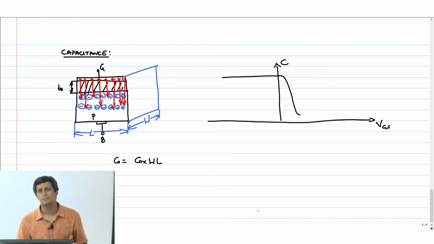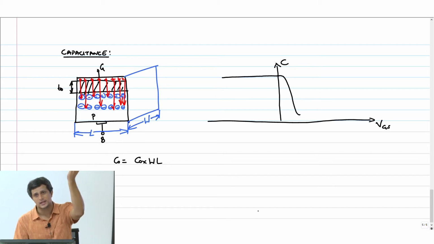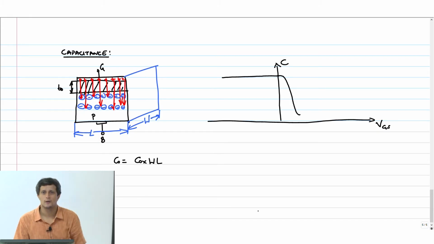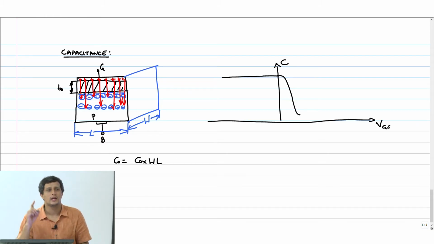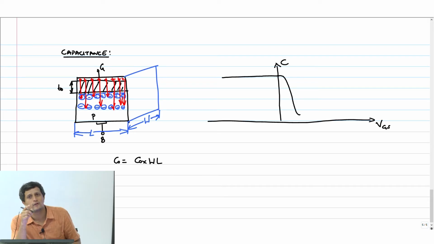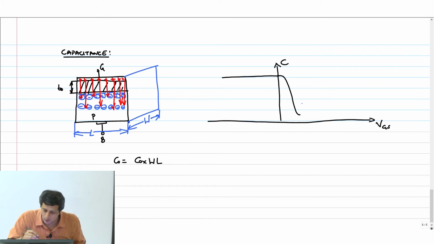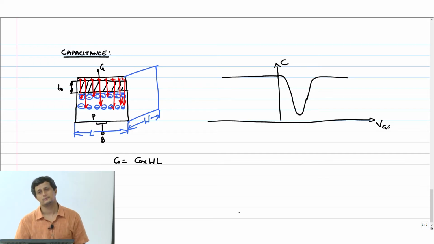Now at some point the surface charge density starts increasing again, and when you reach inversion mode, the surface charge density will be so high that I have been able to terminate all the electric field almost at the surface. So therefore the capacitance will now simply go back up to the old value that we had. This is just a sweep of capacitance versus VGS.